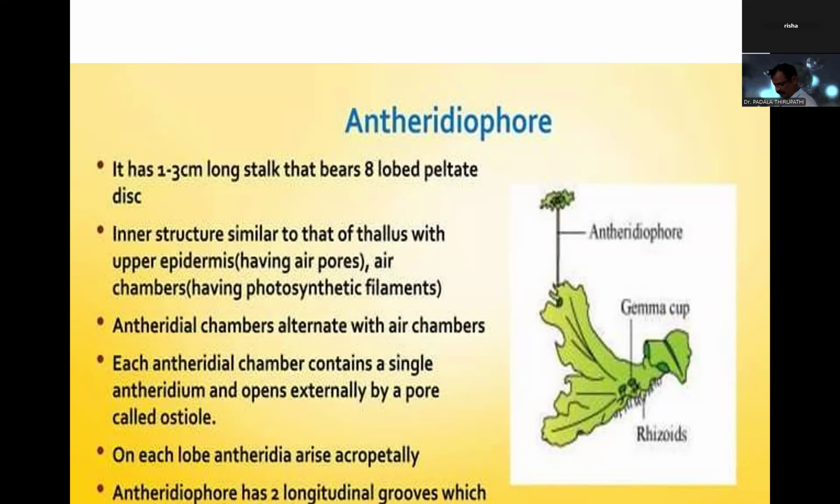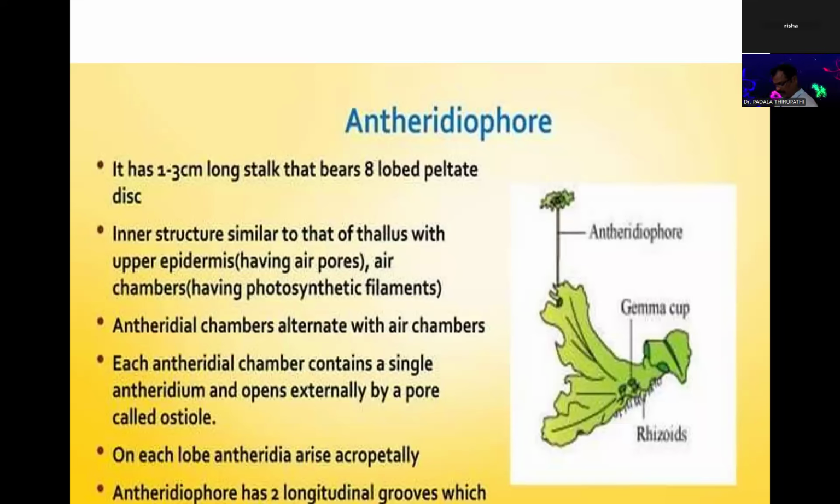At the tip of the thallus, you are seeing an elongated stalk-like structure. So this stalk is the antheridiophore. At the tip of the antheridiophore, you are seeing a cup-like structure with many lobes, in which antheridia are produced.